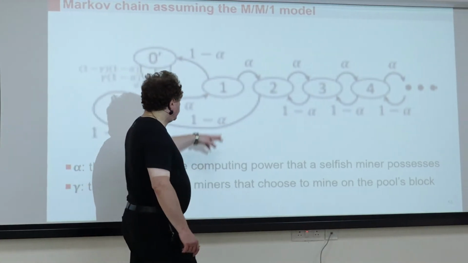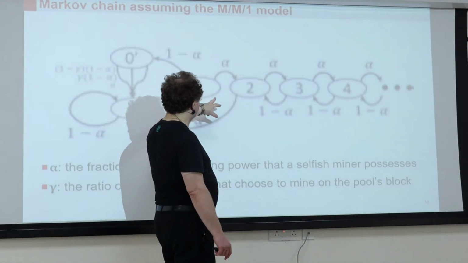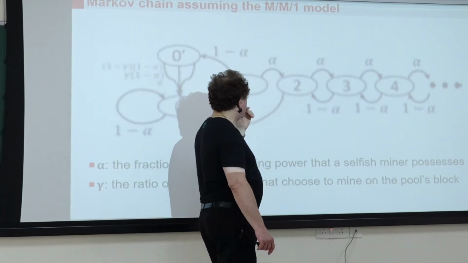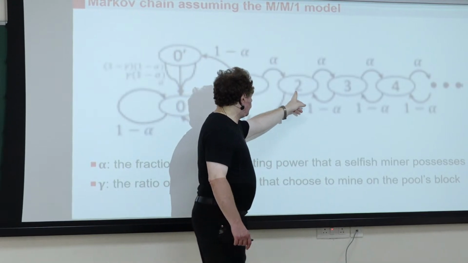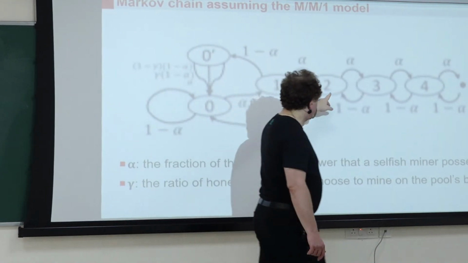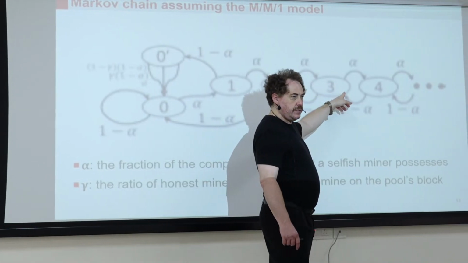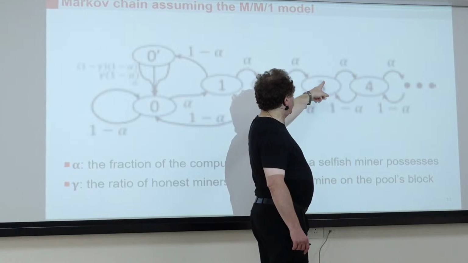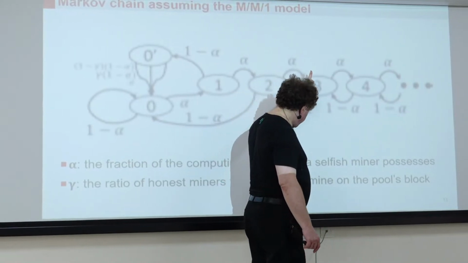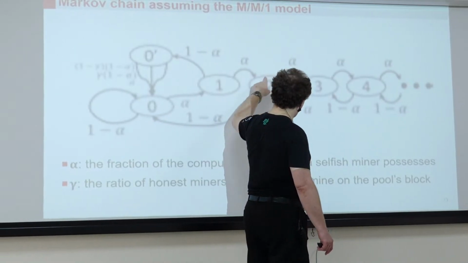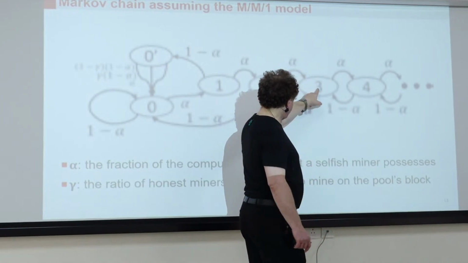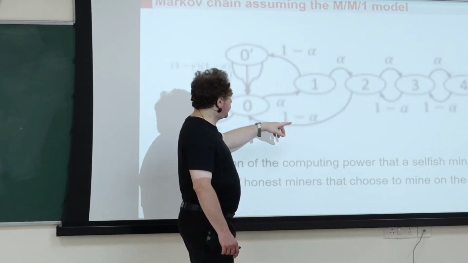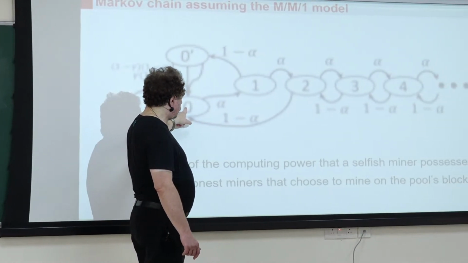So, for example, if I'm in state 2, then with probability alpha, I'll go to state 3. With probability alpha, the length, the advantage would increase from 2 to 3. And with probability 1 minus alpha, it would decrease to 0.